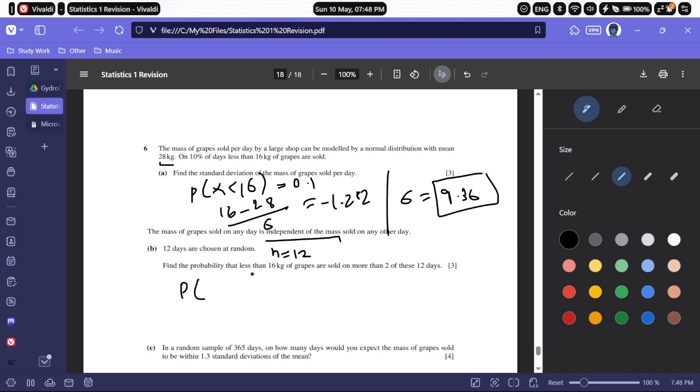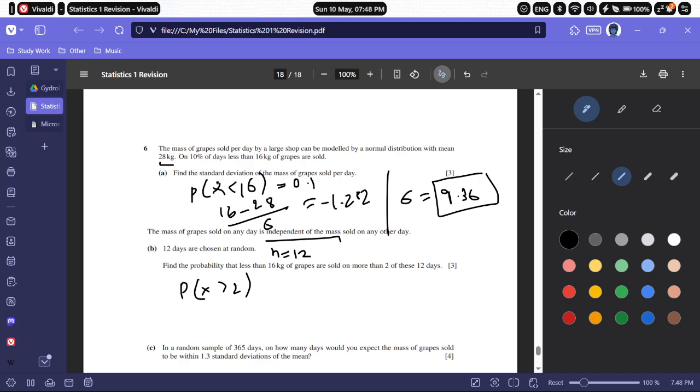So you have to find the probability that this is sold on more than 2 of these days. So x is greater than 2, where n is 12 and your success is that less than 16 kg of grapes are sold.